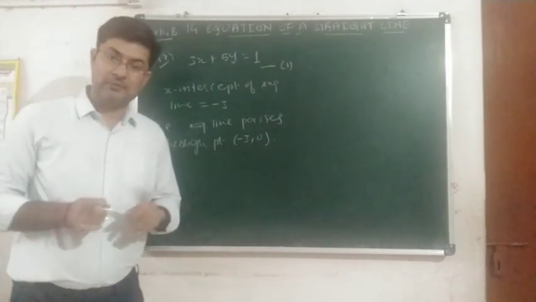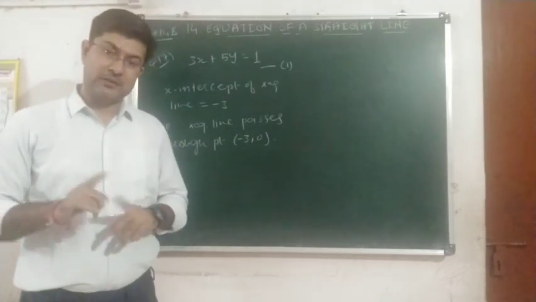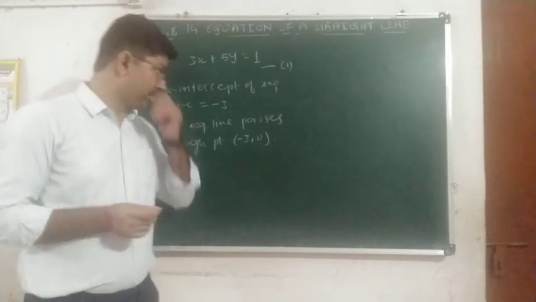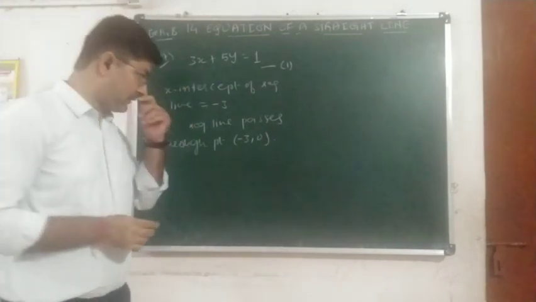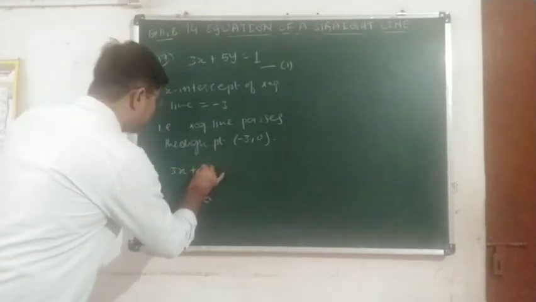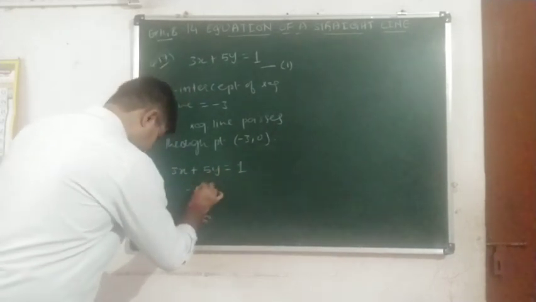Now the required line is perpendicular to line 1. We know the relation between the slopes, that the slopes of two perpendicular lines are negative reciprocals of each other. So we will find out the slope of line 1. We have 3x plus 5y is equal to 1.